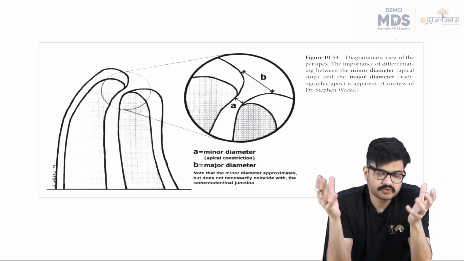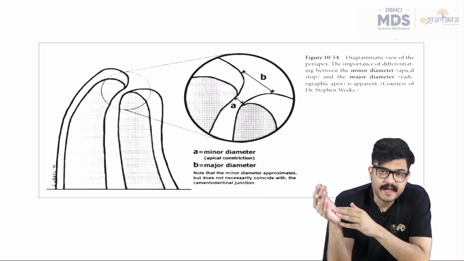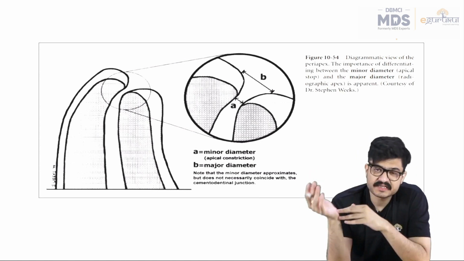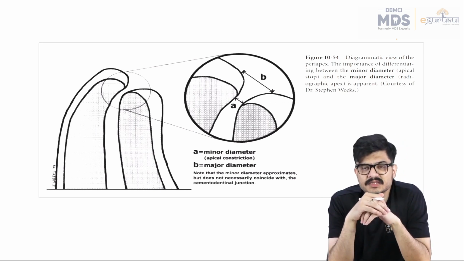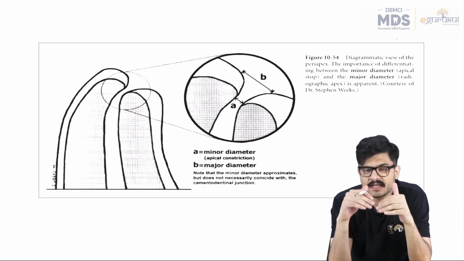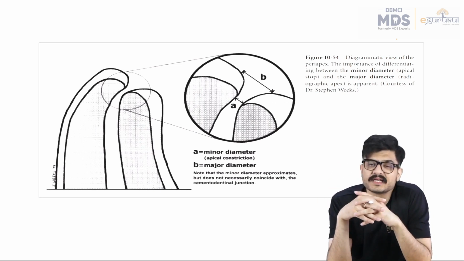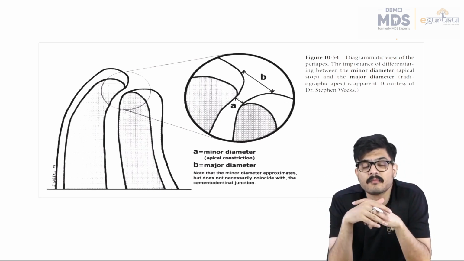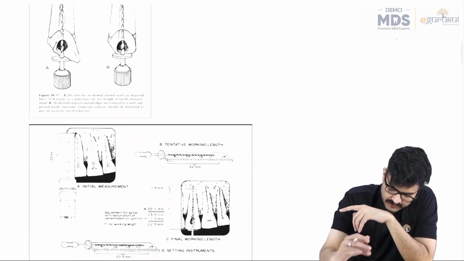So that is also known as the major diameter. So again, next MCQ, apical foramen is synonymous with the term major diameter. Apical constriction is synonymous with the term minor diameter. Between the major diameter and the minor diameter, the shape of the root canal system resembles that of morning glory, right? So all these are important MCQs.